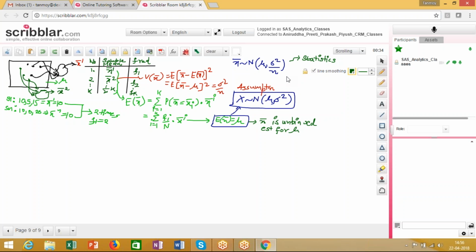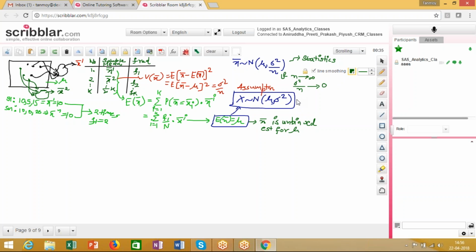You can see that if n tends to infinity, then sigma square by n tends to 0, right?